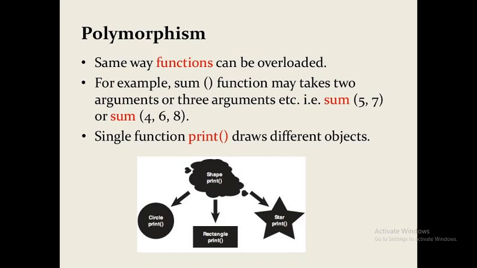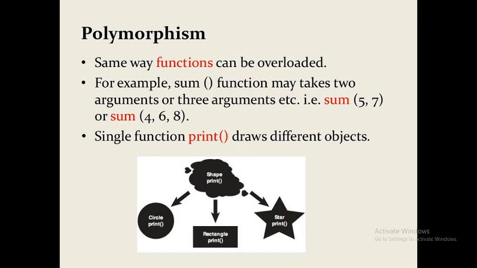And again it is very important, and we use it very frequently when we write in an object oriented programming language, that is, writing the same function name to perform multiple operations.